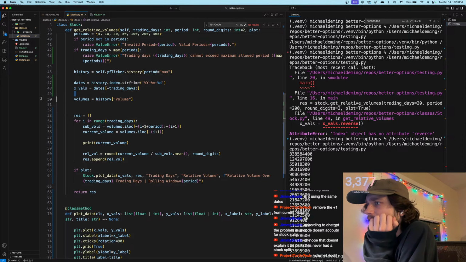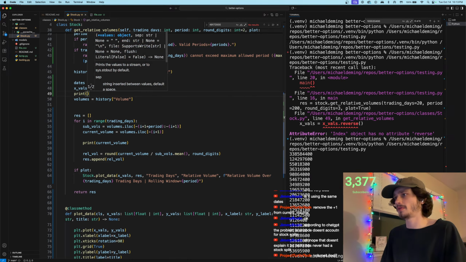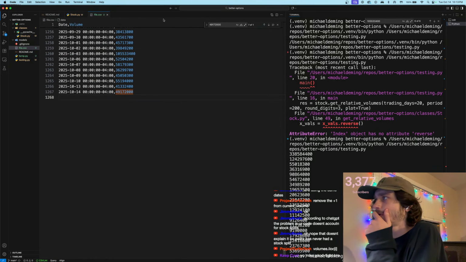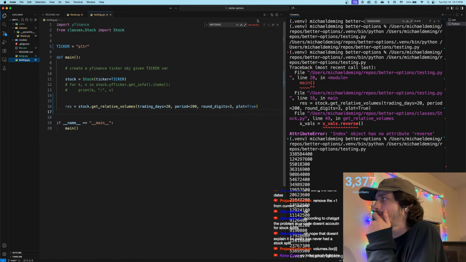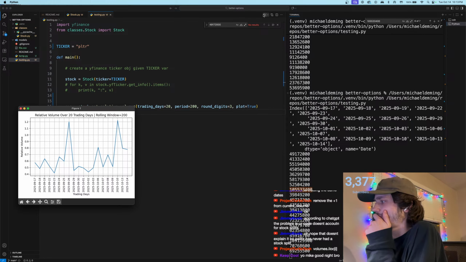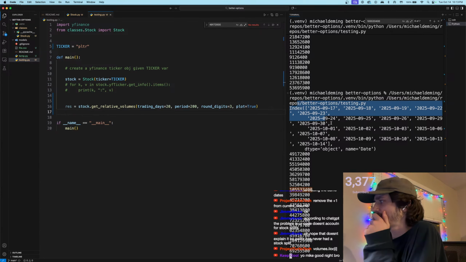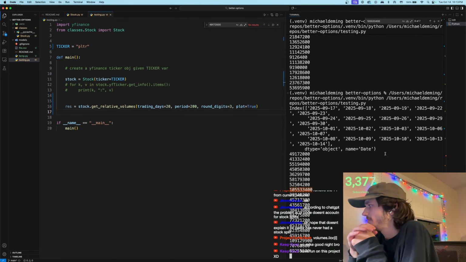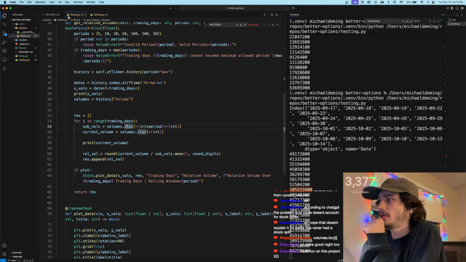So we're looping over history here. So if I print x vals here, that's an index object of a bunch of strings, right?